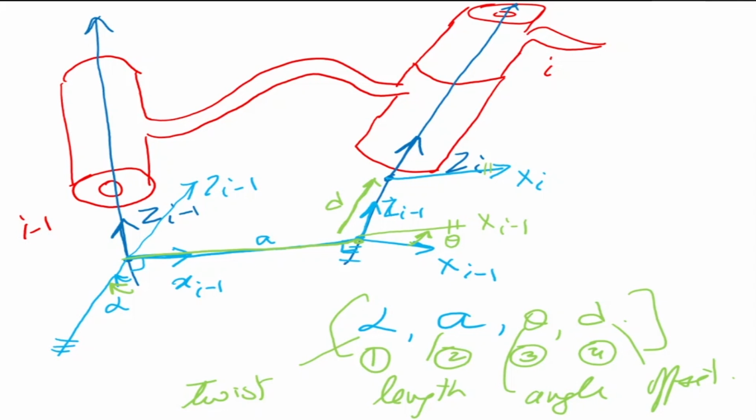Now, if I write four transformations, one for alpha, one for A, one for theta, and one for D, then I can multiply them out and I'll get one matrix which is going to relate all the transformations. Okay, what is going to relate Xi to Xi minus 1 in terms of frames.